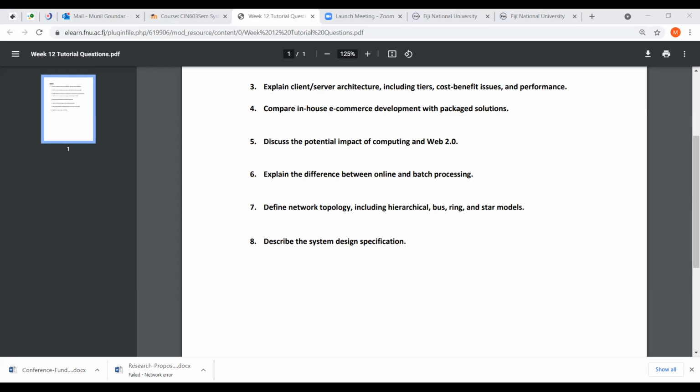Next point, the system is less likely to experience catastrophic failure.